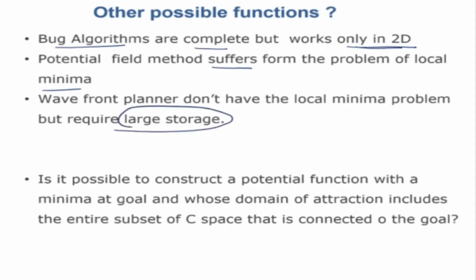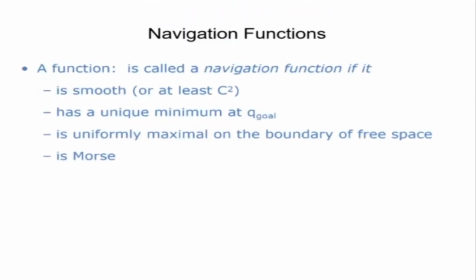So is it possible to construct a potential function with the minima at goal and whose domain of attraction includes the entire subset of C space and is connected to the goal? In that case, all the local minimas would be near to the goal, and if they're connected to the goal, then it will go to the goal ultimately, right? So such functions are called navigation functions.